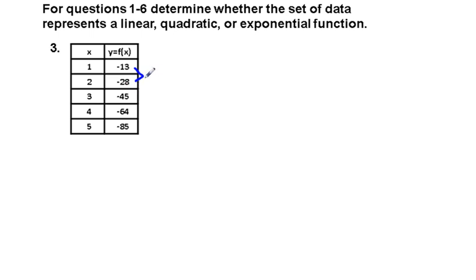So we have negative 28 minus negative 13. Let me just write this down. Negative 28 minus negative 13, which equals negative 28 plus 13. And negative 28 plus 13 should be negative 15. So negative 15.